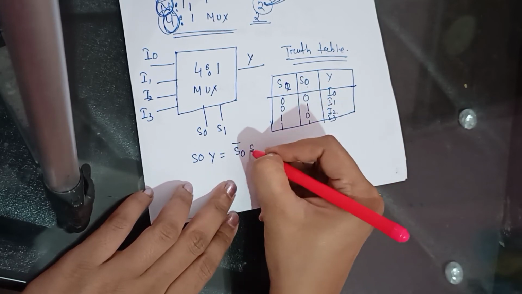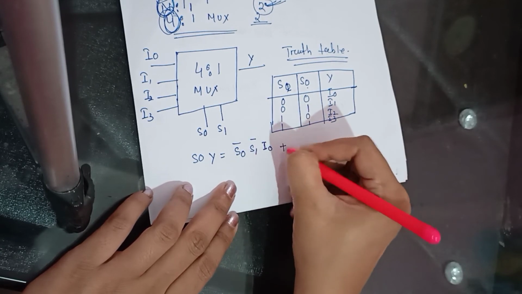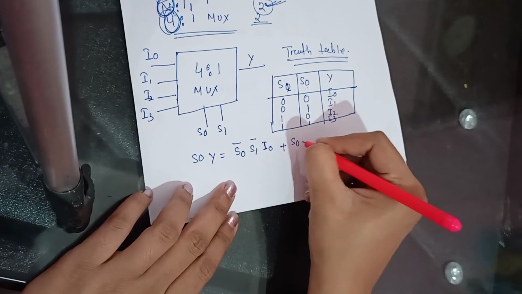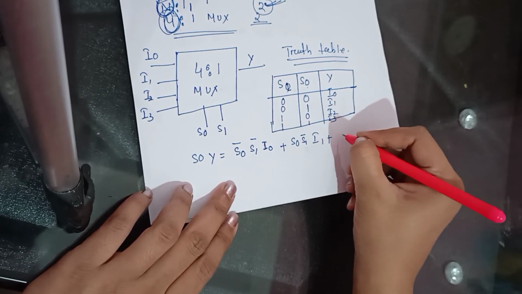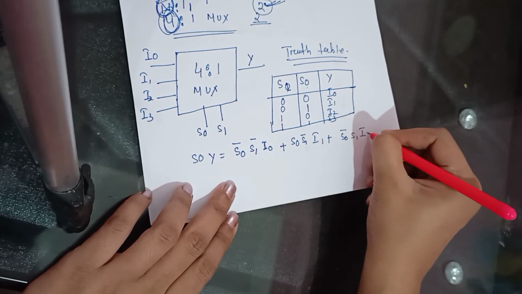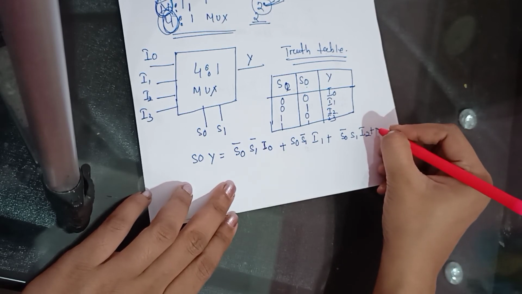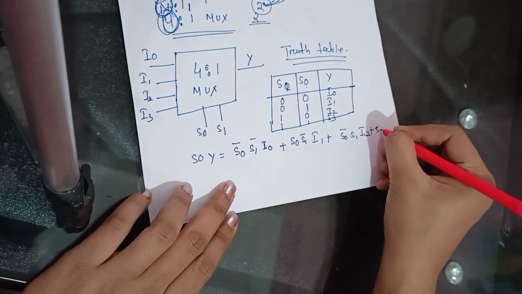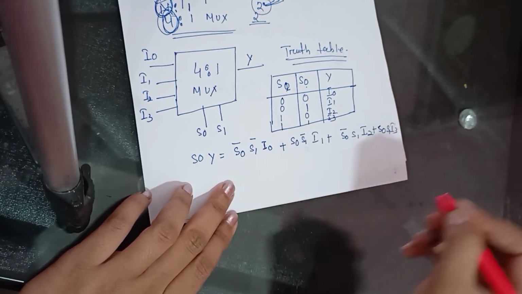So Y is equal to S0 bar S1 bar I0 plus S0 S1 bar I1 plus S0 bar S1 I2 plus S0 S1 I3.